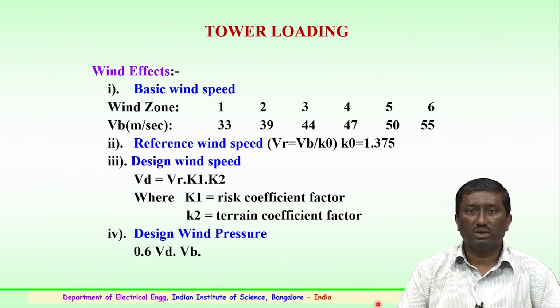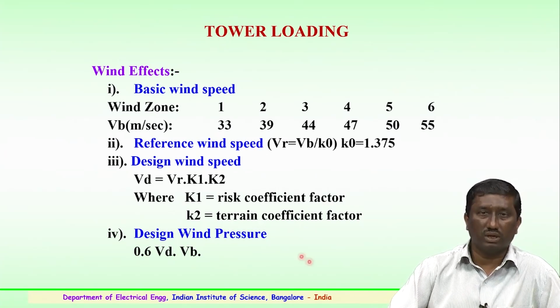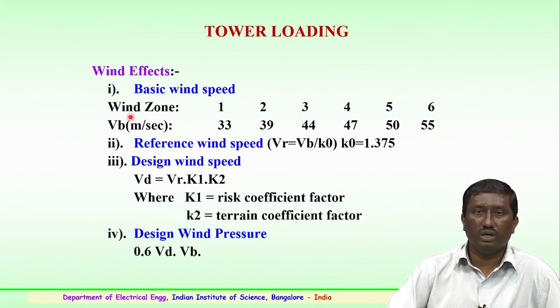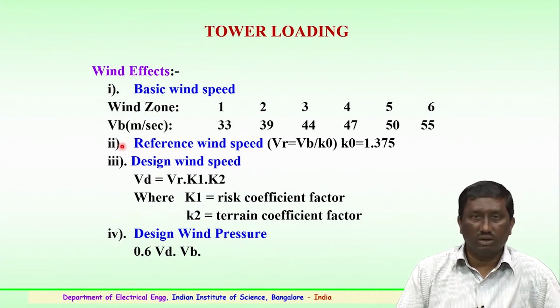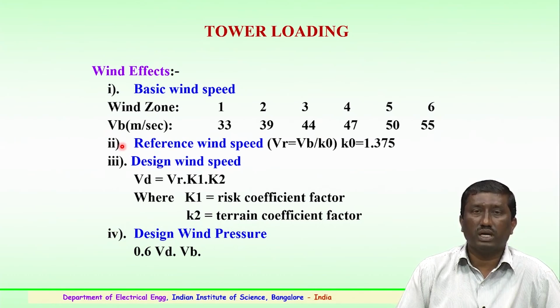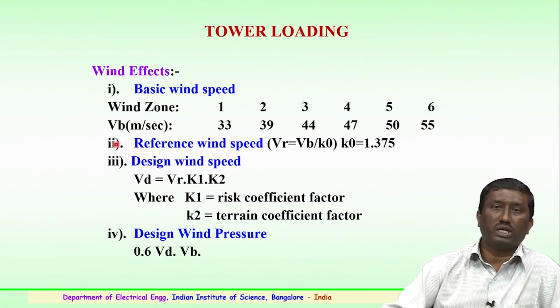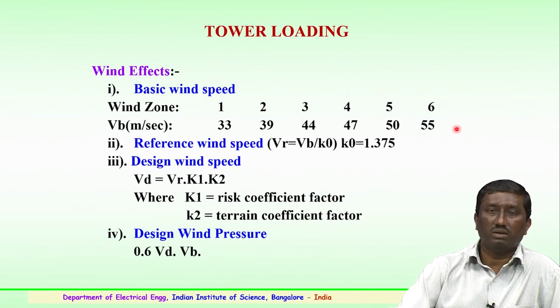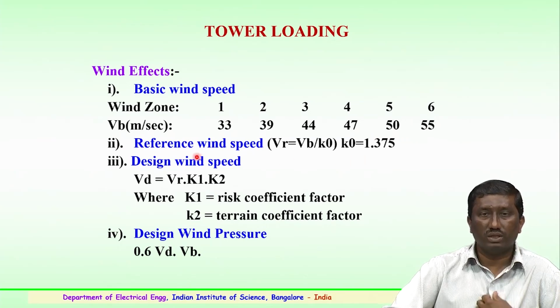This gives an idea of the basic wind speed. The wind zones have been categorized into 6 different zones. This is the velocity in meters per second, and the figures are given depending upon the wind zone for the various locations.